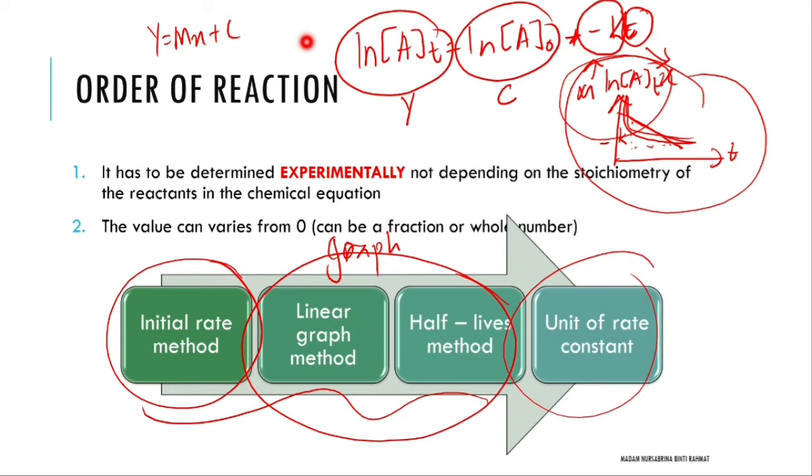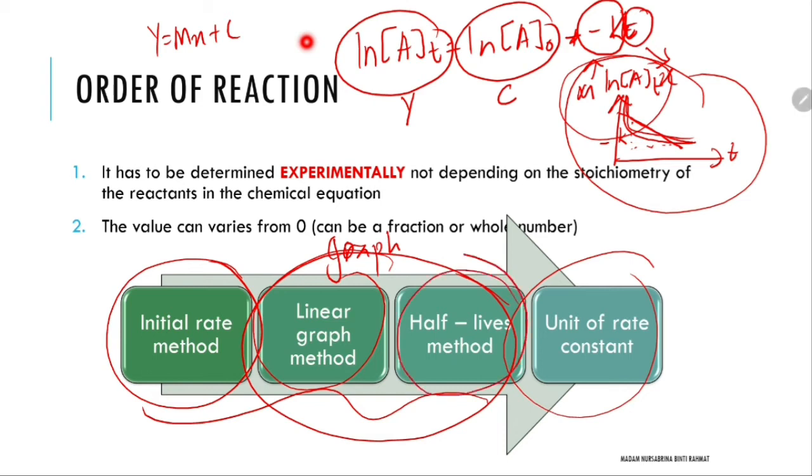It must be a different order, either 0 or second order. That's why I refer to the linear graph method as a trial and error method, because you need to plot more than one graph. I don't like it because it consumes so much time, but you still need to learn it in case the exam asks you to use the linear graph method to determine the order of reaction.